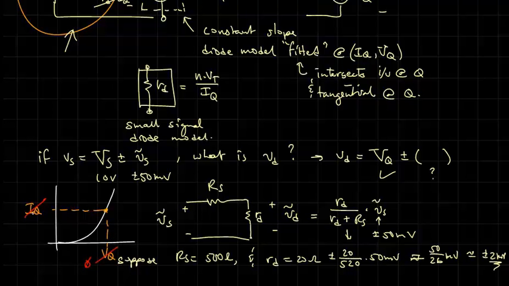We set IQ and VQ as the origin, or we move the axes, if you will. Maybe that's a better way to do it. We look at the axes and say this is now little vD, little v diode, and this is little i diode. Within this range, I've got a constant slope, and my slope is 1 over rd, and that's the circuit that I'm solving.